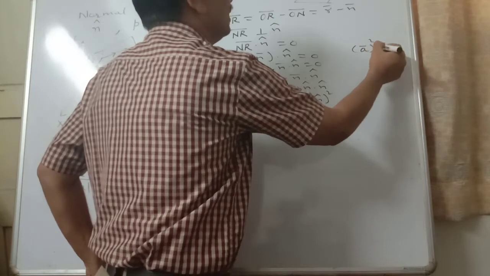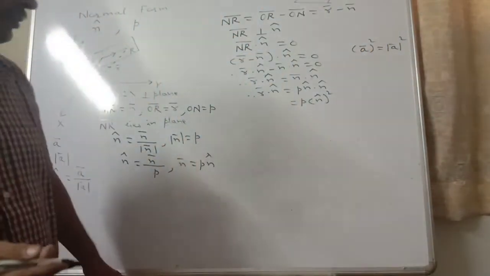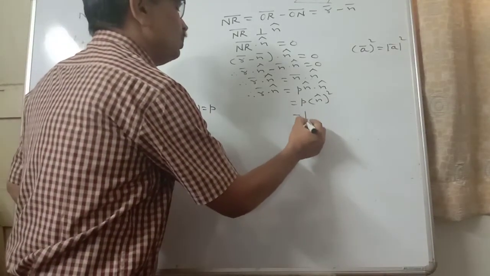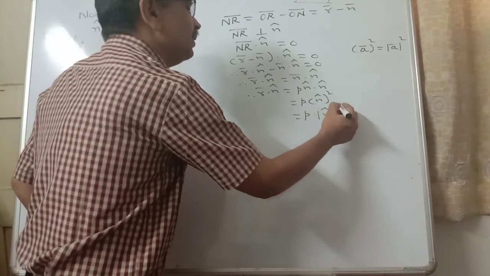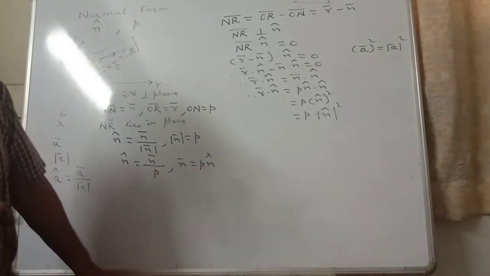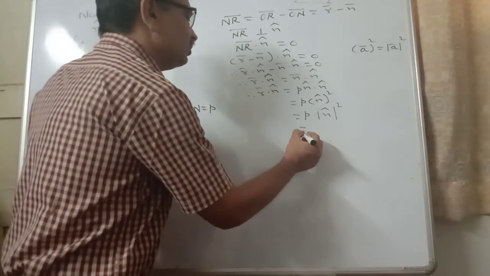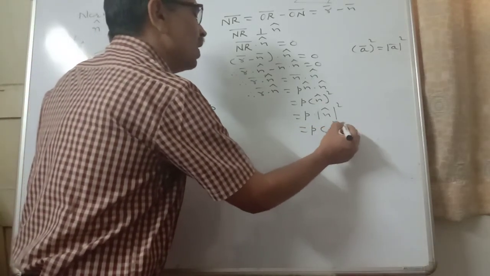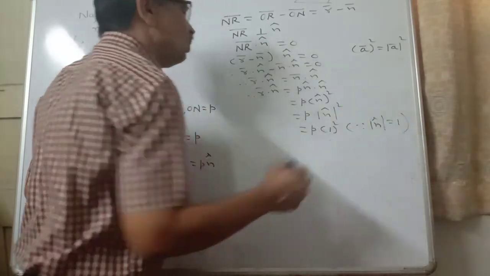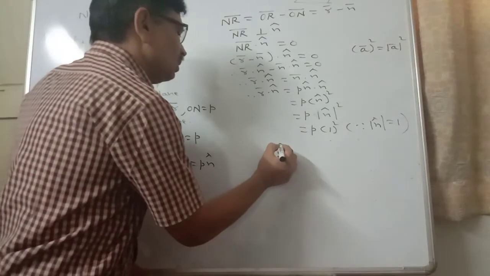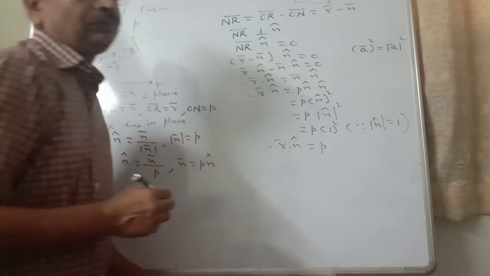A bar square is the same as magnitude of a bar square. So p into magnitude of n cap square. And n cap is a unit vector. The magnitude of a unit vector is 1. So p into 1 square, since the magnitude of n cap equals 1. So r bar dot n cap equal to p.